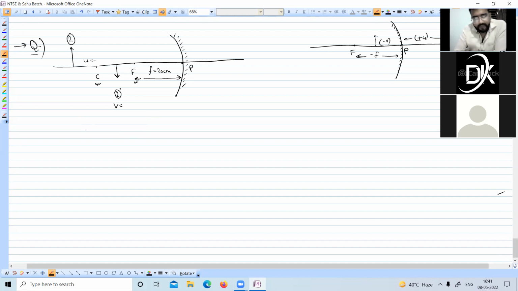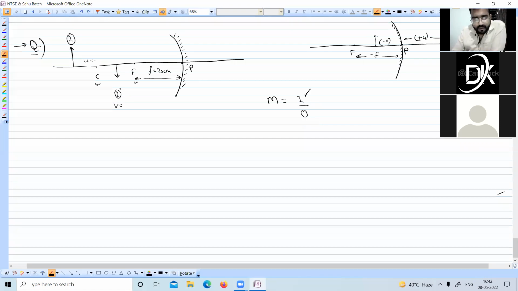Now you will start solving the terms, and students, just tell me what I was talking about. Magnification. Magnification is I upon O. The object is greater, as we very well know, and the image is diminished. So the magnification should be less than 1.